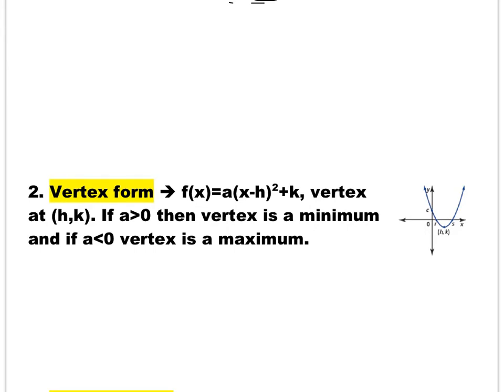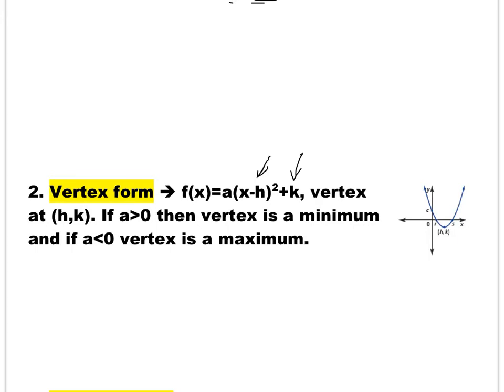The coordinate of the vertex is h and k, where the x coordinate of the vertex is h and the y coordinate of the vertex is k. The only thing you have to remember is that the vertex form is in the form of x minus h.